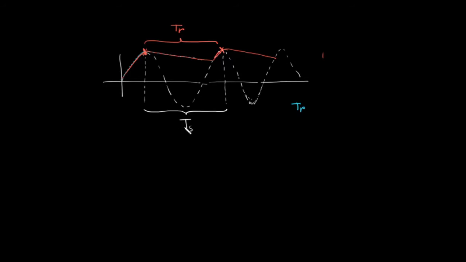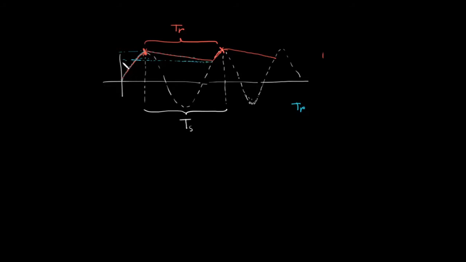Okay, so first of all, our peak to peak ripple will be this distance. All right, this distance, this is the upper peak of the ripple, and this is the lower peak of the ripple.